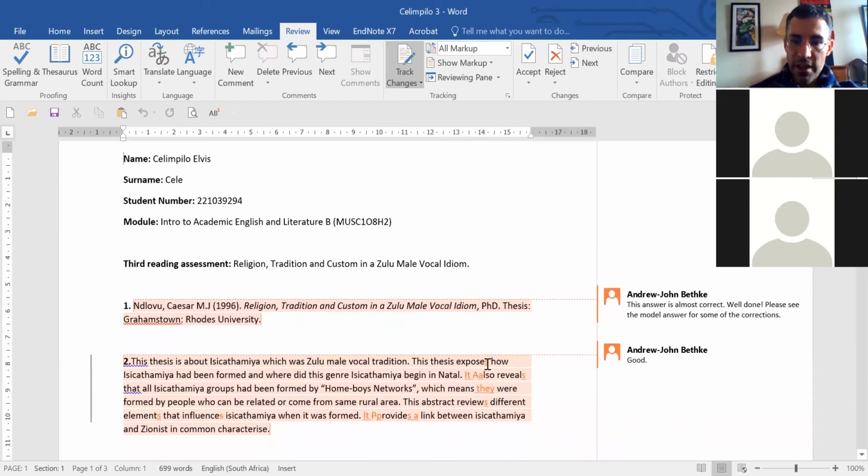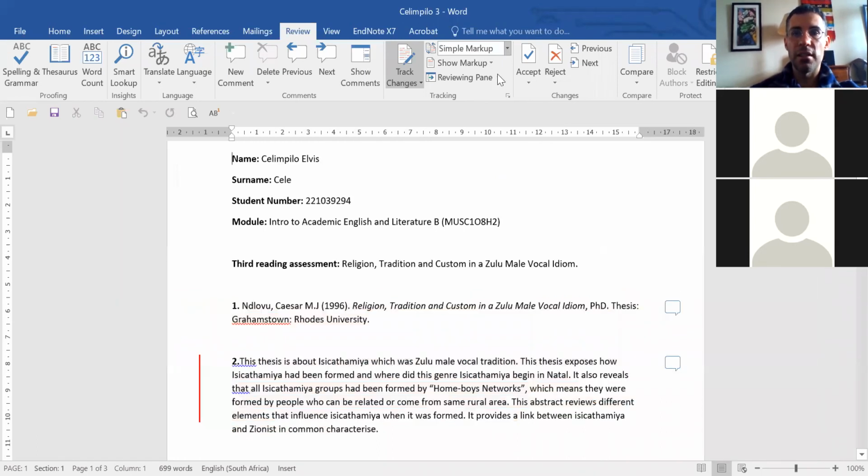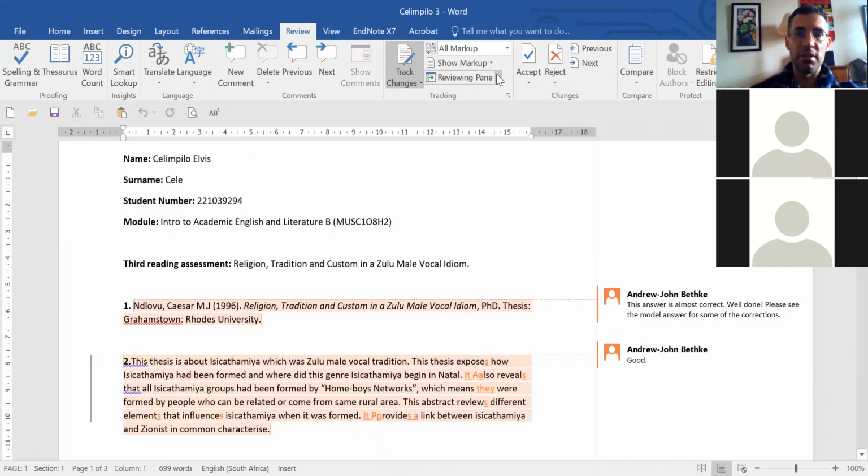So you'll see here where I've added an S, where I've added some words and taken things out, but you'll also see all of my comments. So you just go up to the top here. Oh, you'll have to select, by the way, review. So you select review, then you look for all markup instead of, usually it's on simple markup. And you select all markup, then you will be able to see everything. Okay.